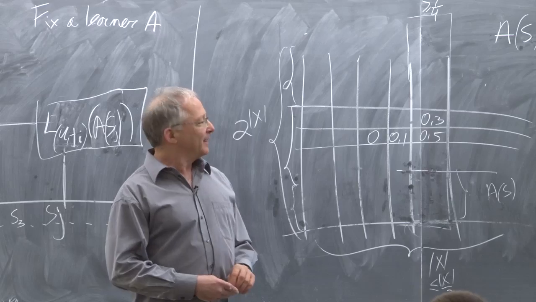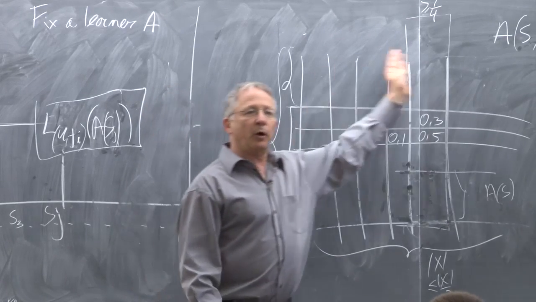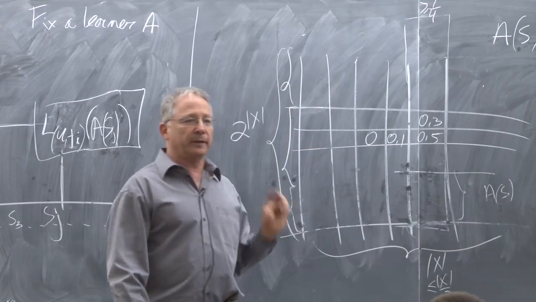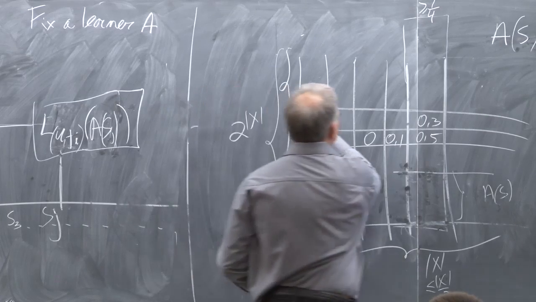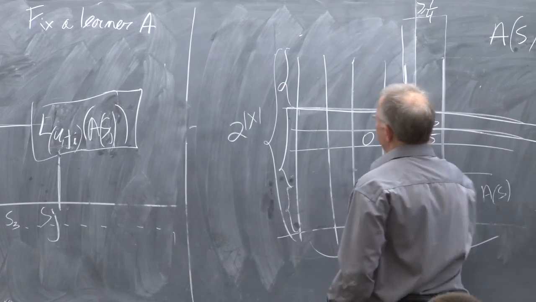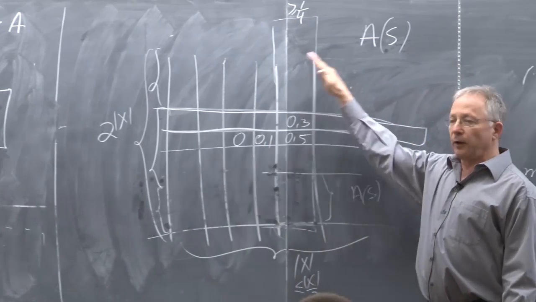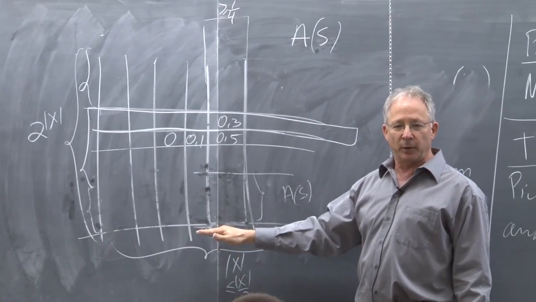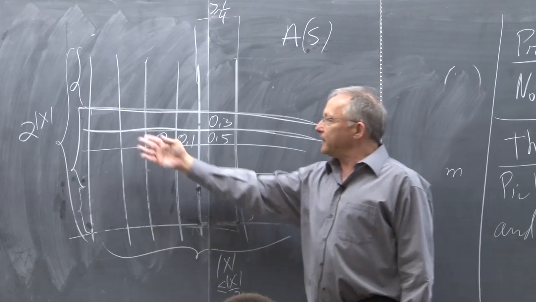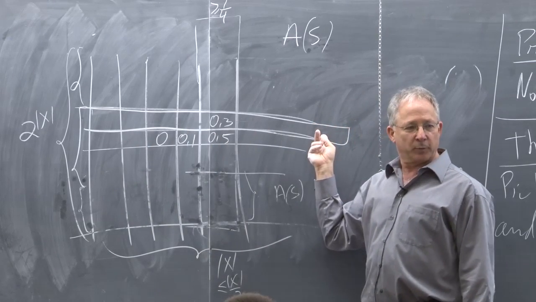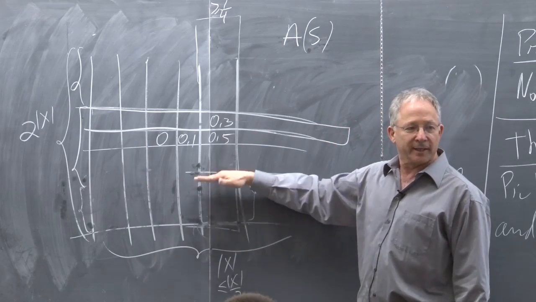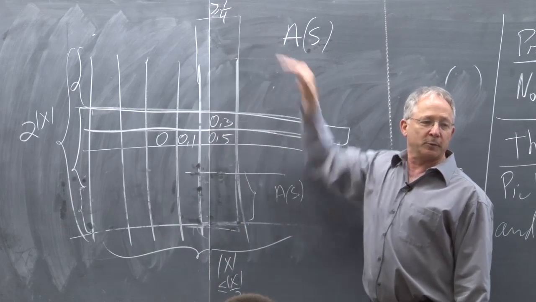Yes, good. Now, if the average of all the matrix is at least a quarter, there must be a row with average at least a quarter. Because if each row was less than a quarter, the whole matrix would be less than a quarter.